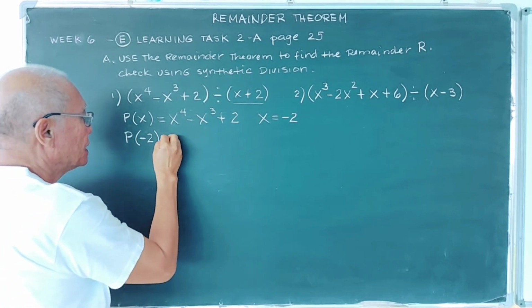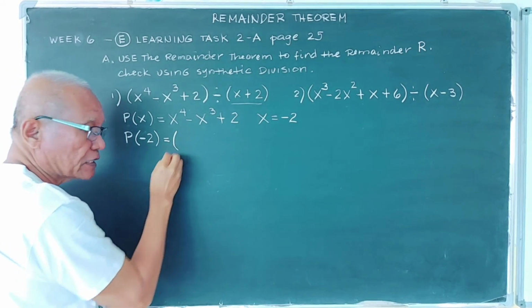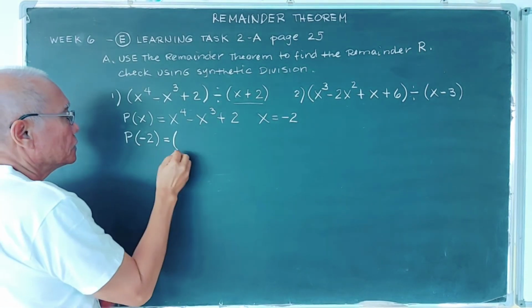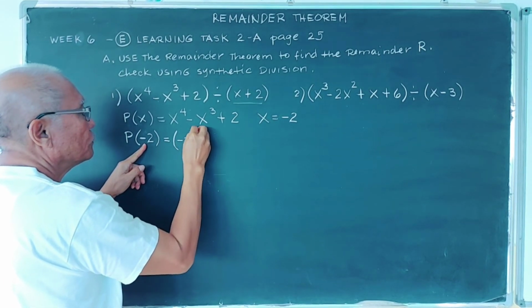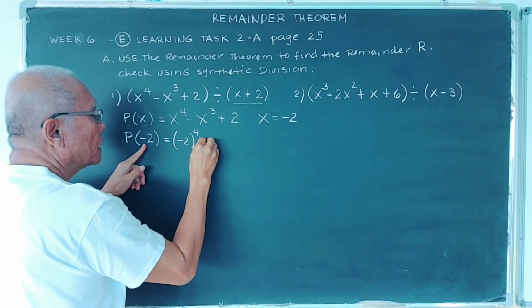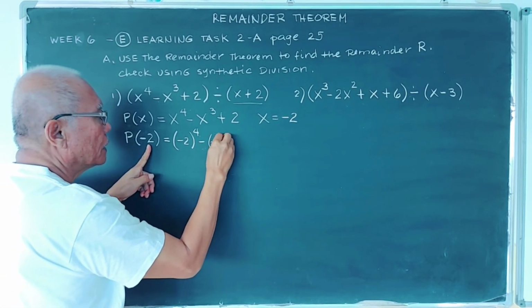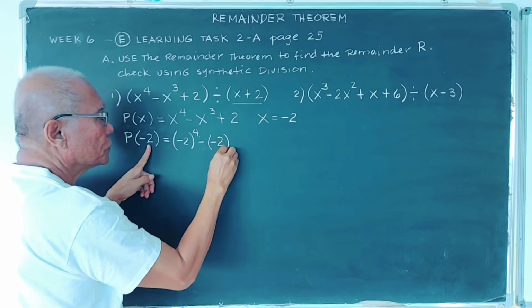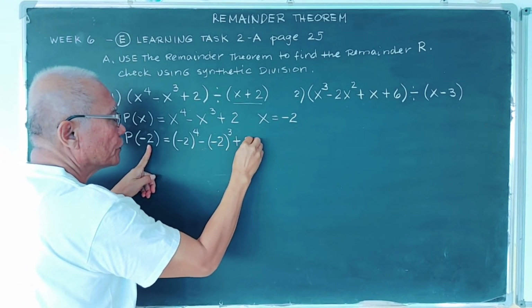Ipapalit natin. Is equal to, okay, ilalagay na natin sa parenthesis. So, you have negative 2 to the 4th minus negative 2 to the 3rd, and then plus 2.